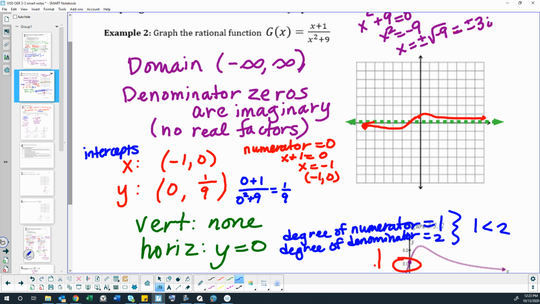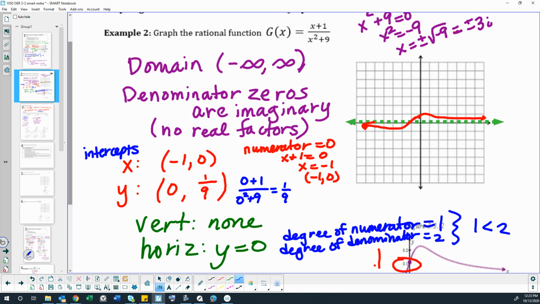So when that happens, we go with rule 1 for our horizontal asymptotes. This rule can be found on page 2 of your 3.1 notes in this little box right here, okay? So that's where I'm going off of, but you should memorize those rules. So if the degree of the numerator is smaller than the degree of the denominator, then our horizontal asymptote is at y equals 0.